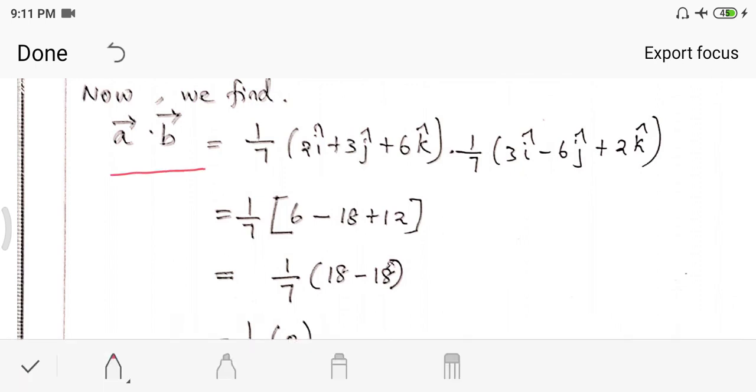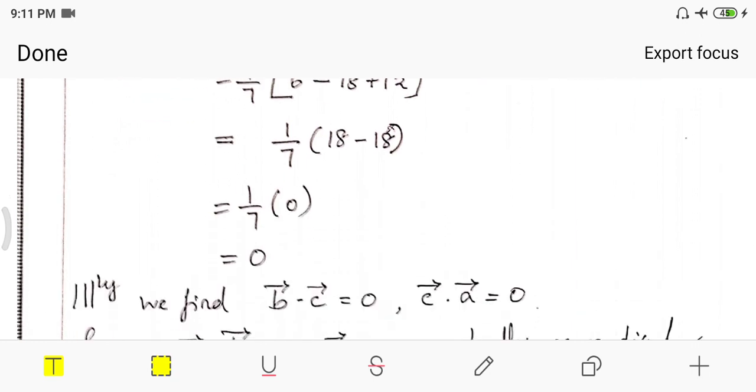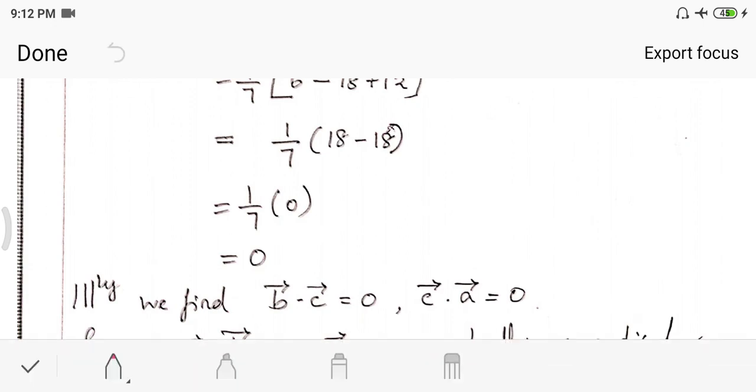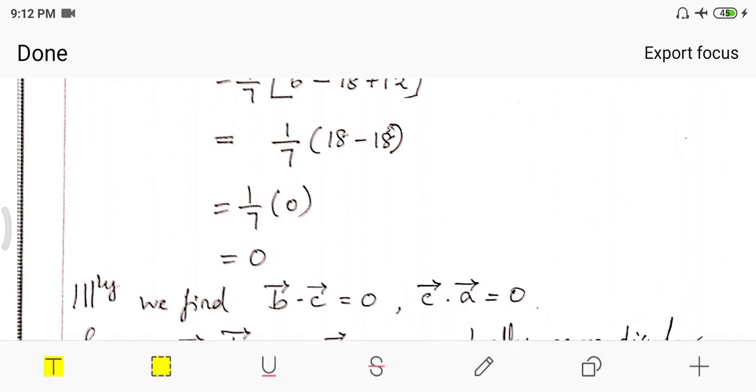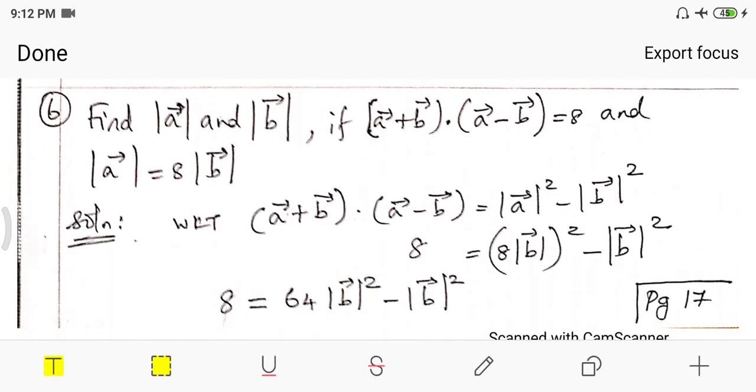We know that when the scalar product of two vectors is 0, then they are perpendicular to each other. So I find a dot b equal to 0, so a and b are perpendicular to each other. Similarly, b dot c is 0, c dot a is also 0. So each one is mutually perpendicular to the others. Next, the sixth question we will see in the next file. Thank you, children.